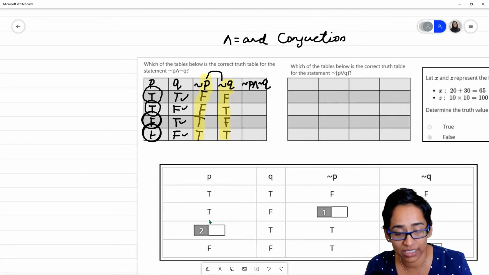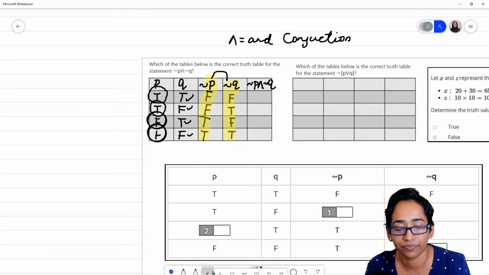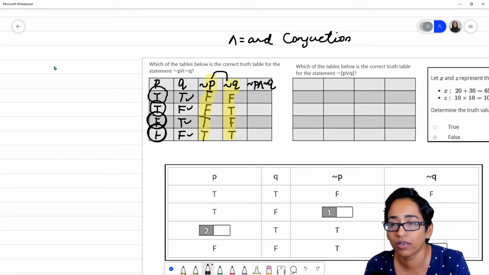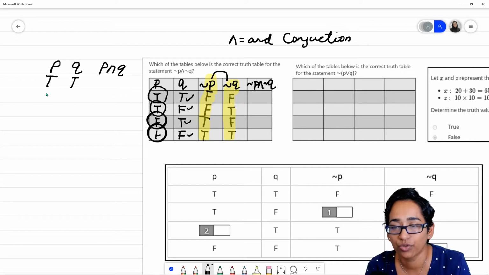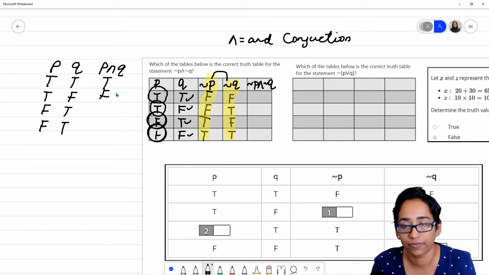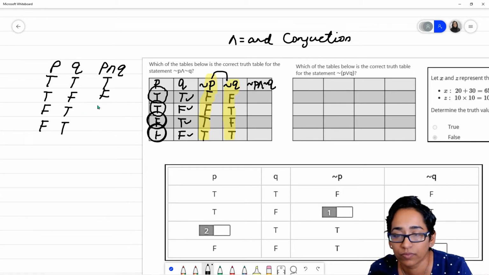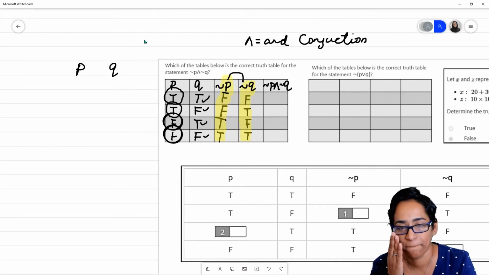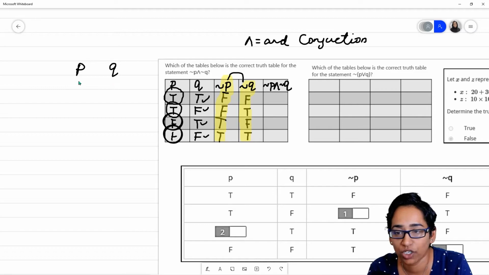Just for your safety, I'm going to go ahead and write down the conjunction. I have P, Q, P and Q. So it's true, true, true, false, false, true, false, false. Let me go ahead and write down the conjunction.